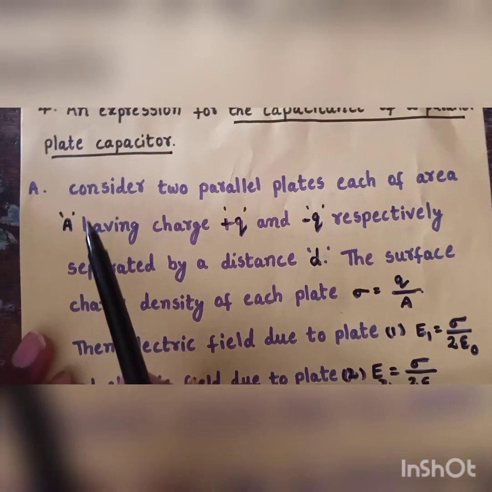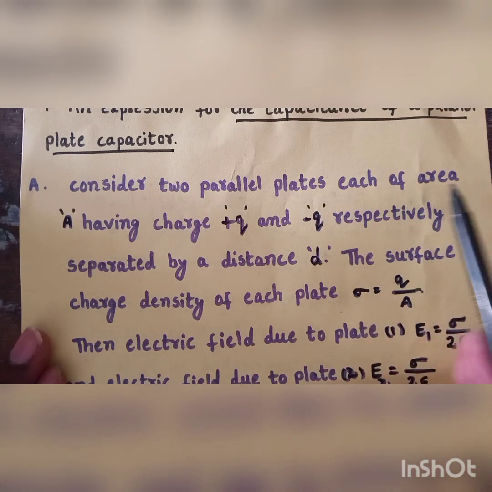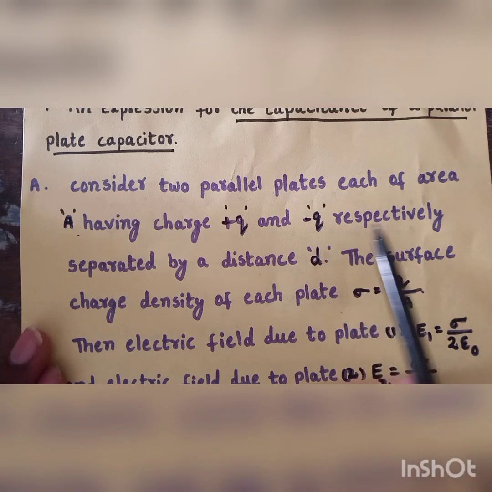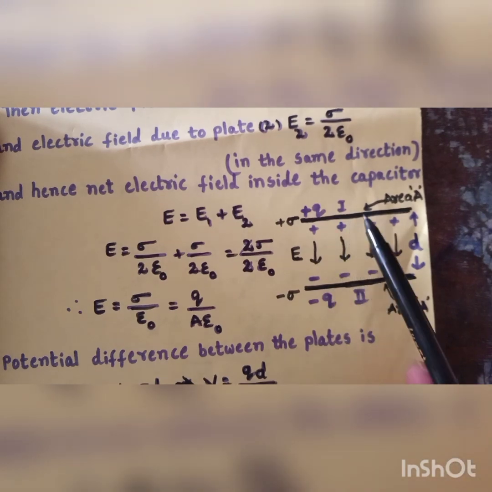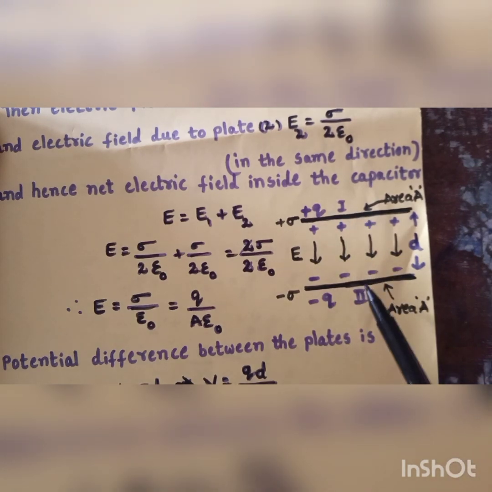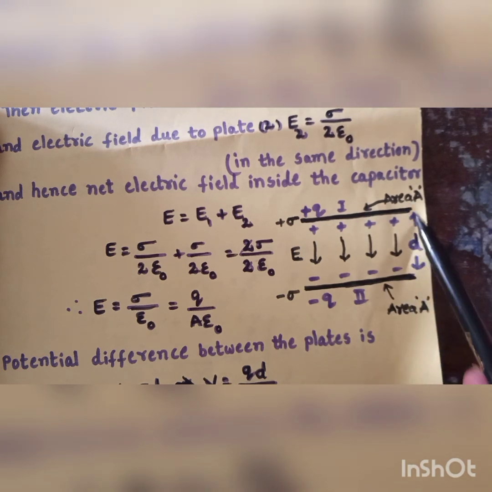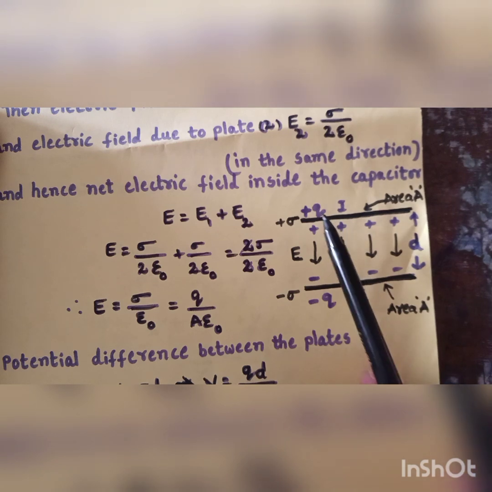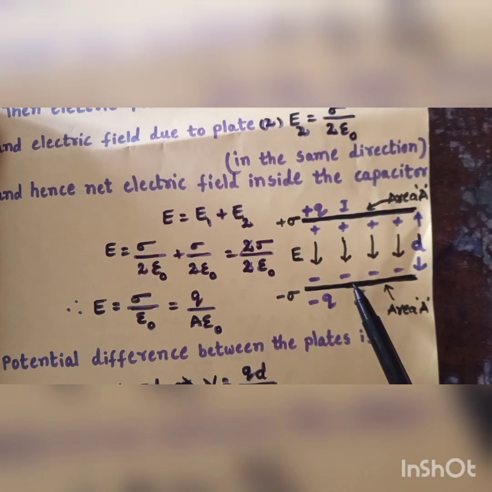Now come to the topic. Let us consider 2 parallel plates, each of area A, having charge plus Q and minus Q respectively. They are separated by a distance D. Now here you can observe the diagram. 2 parallel plates, each of area A. Plus q is the positive charge of the first plate, minus q is the negative charge of the second plate.